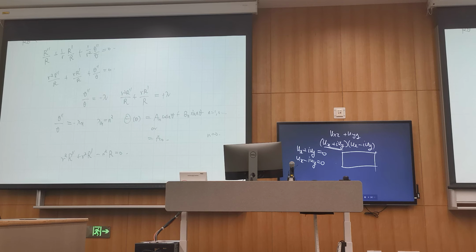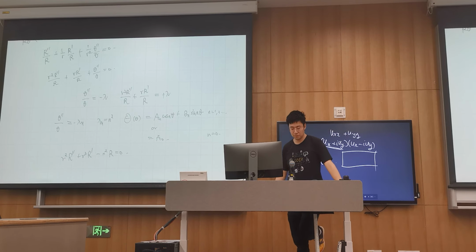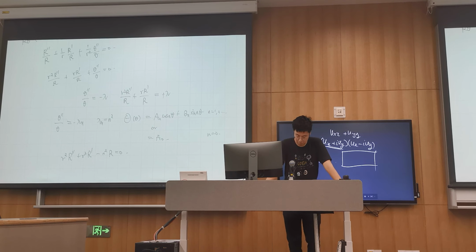Because only when n is an integer, the sine n theta and cosine n theta will be periodic from 0 up to 2 pi.